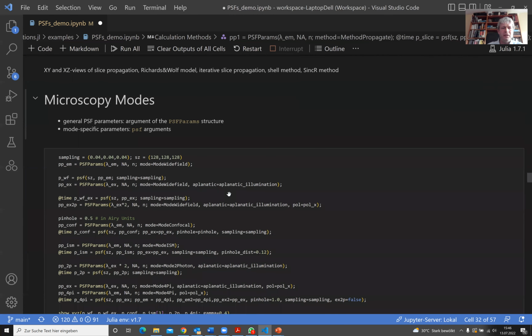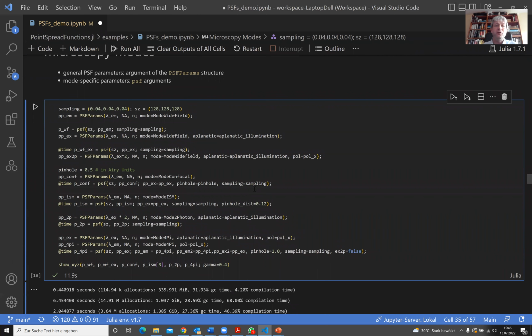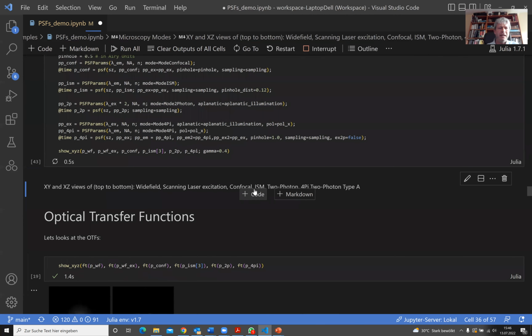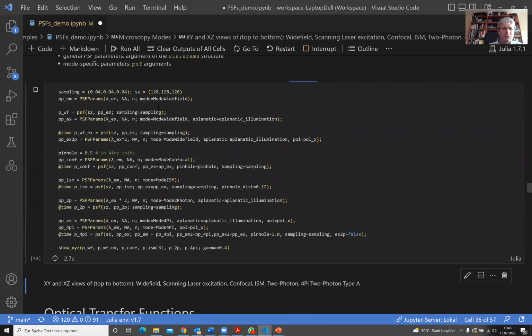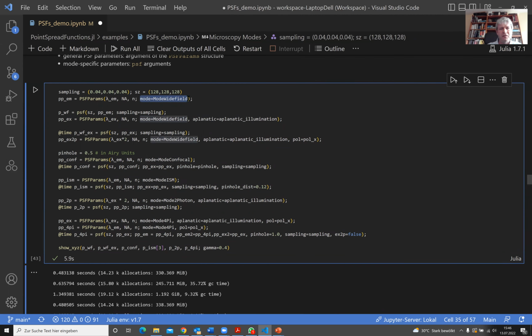And so once we've learned how to calculate these point spread functions, we can now think about different modes of microscopy. Here it gets interesting for practical purposes, and quite a variety of different modes have already been implemented. You see here an example of the mode wide field microscopy, which is the standard mode that it calculates by default.